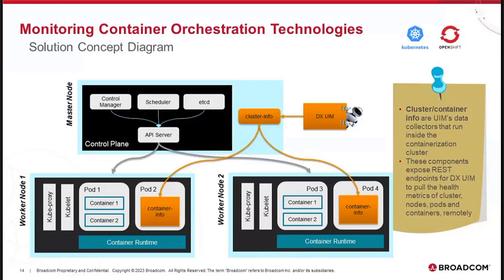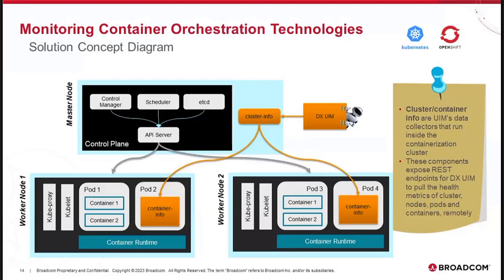The recommendation is to get the cluster info image deployed on the master node and get the container info deployed on each of the worker nodes along with the master node, so that we get in-depth metrics like per CPU percentage and memory percentage, which are more relevant for a person managing containerization technologies in their organization.